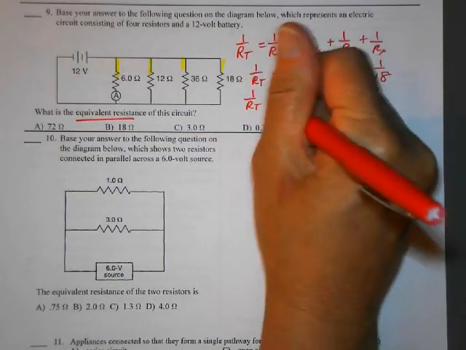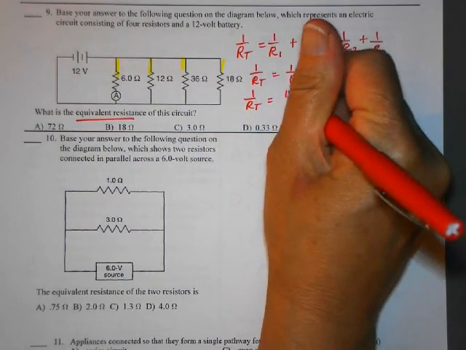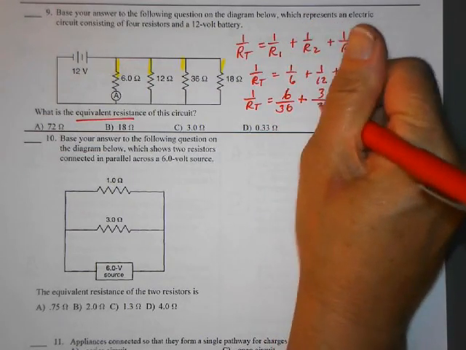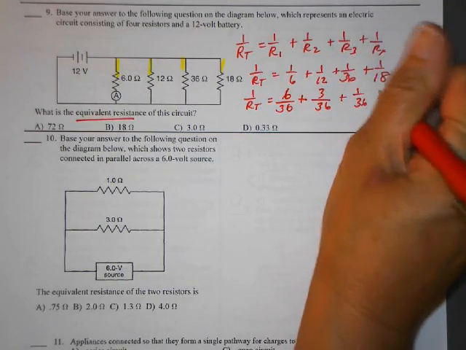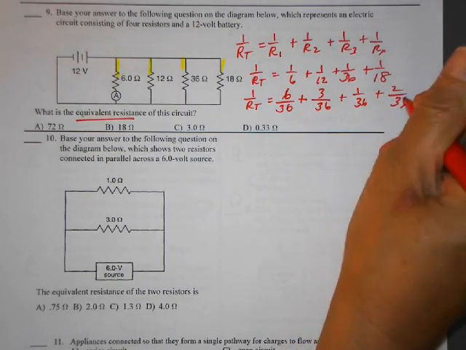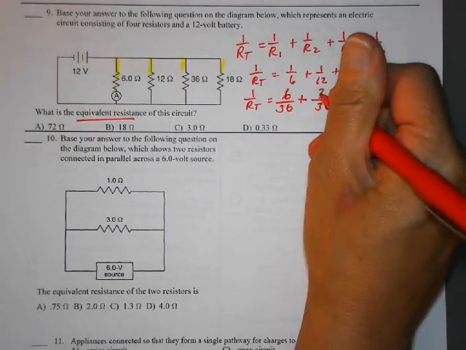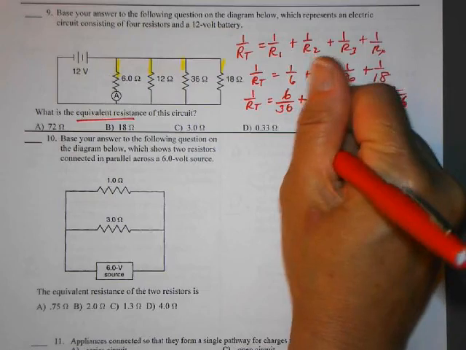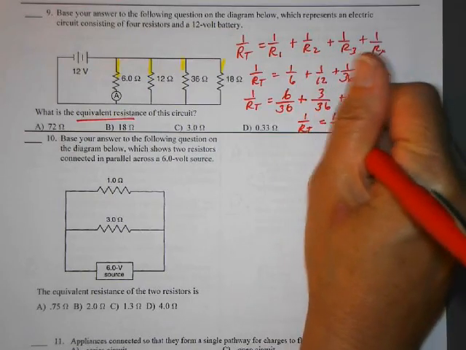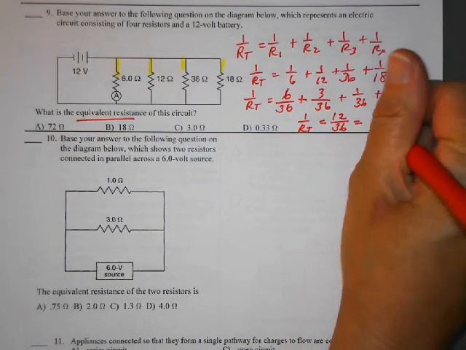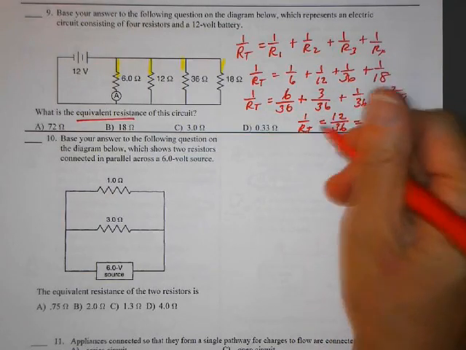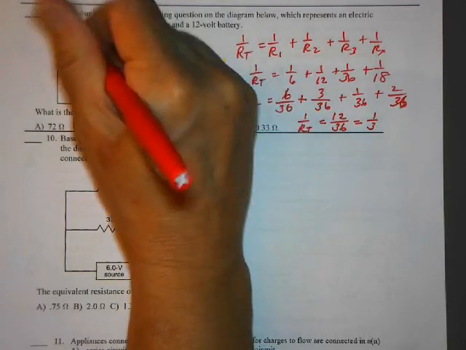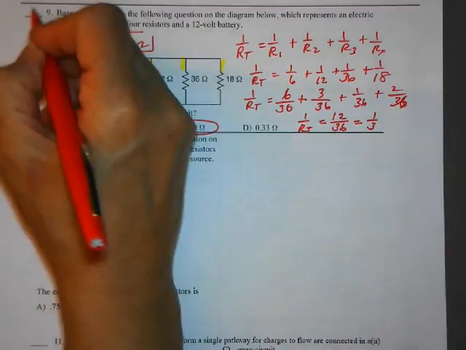So 1 over RT is 6 over 36 plus 3 over 36, plus 1 over 36 plus 2 over 36. So 6 plus 3 plus 1 plus 2 would be 12. So 1 over RT is 12 divided by 36, which I can reduce to 1/3, but then I have to cross multiply. So RT is going to be 3 ohms. And that's my answer, which is C.